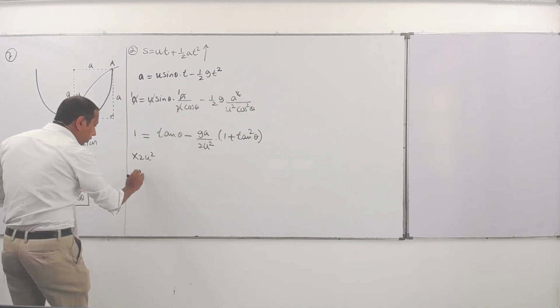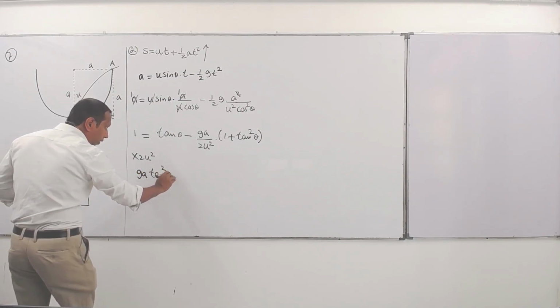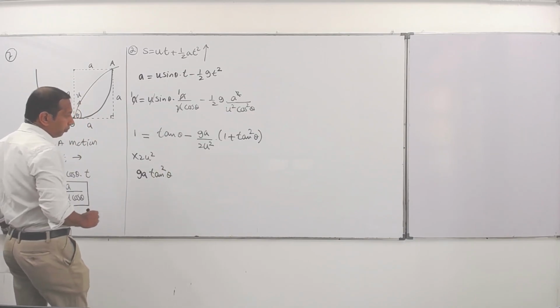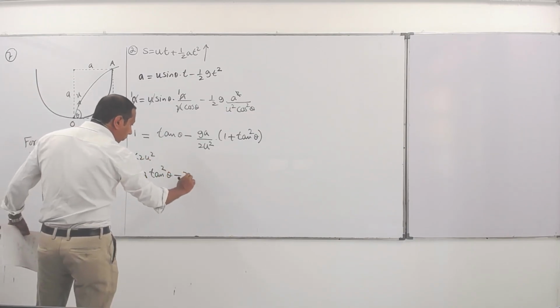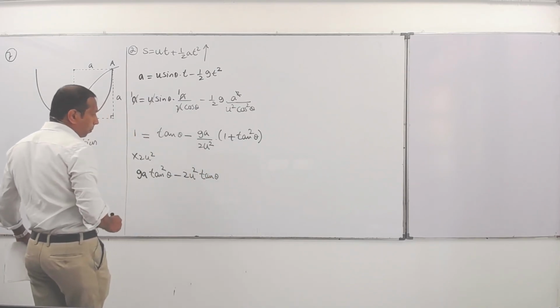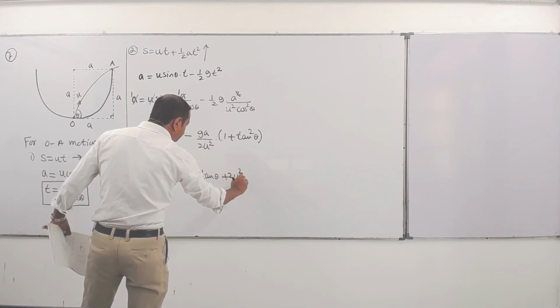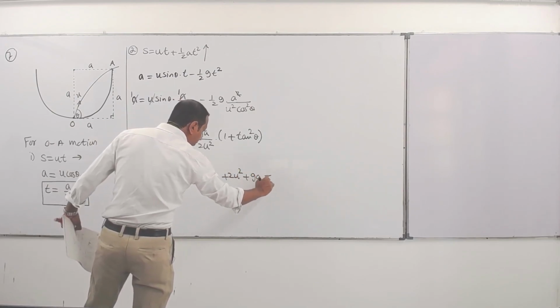Okay, then we get gA tan squared theta here minus 2u squared tan theta. Then this is now 2u squared plus gA equals 0.